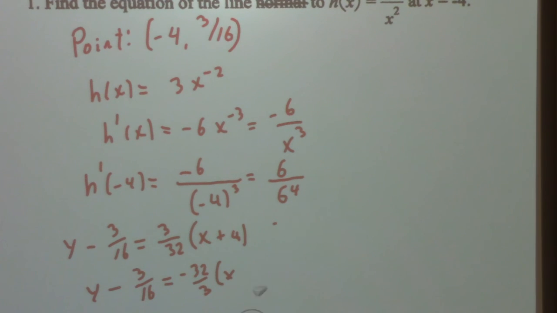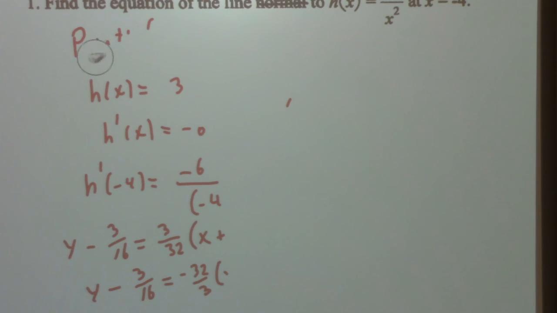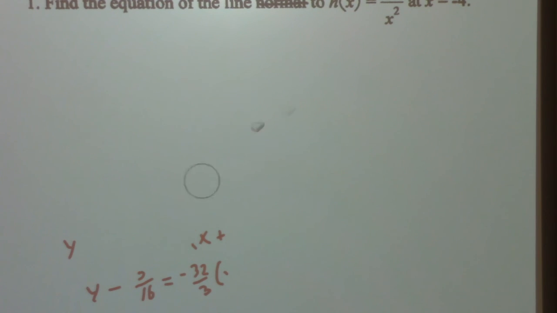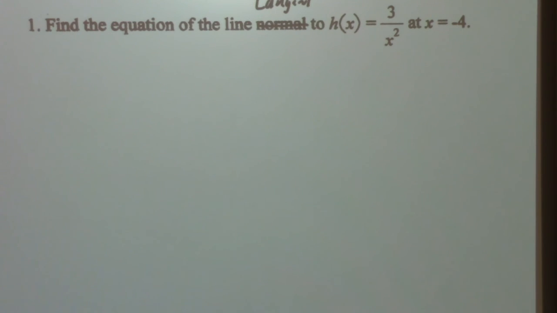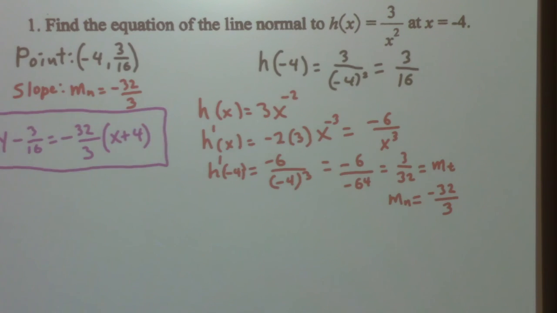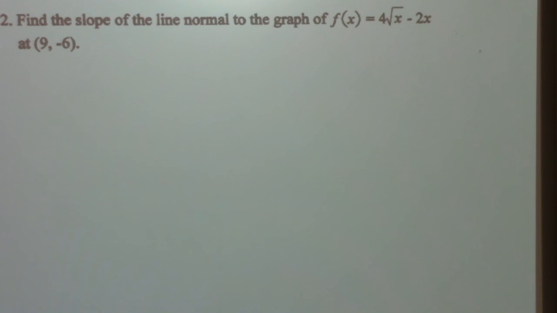All right, let's get to the next one. Okay, so here's another one, number 2. Find the slope of the line normal to this graph here at (9, -6).